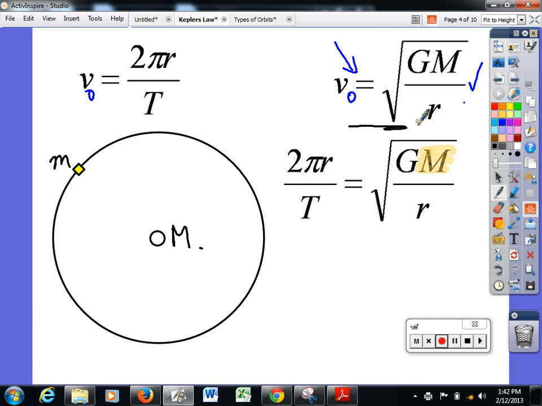So, we are at this point here, we're about to get Kepler's Law up. How would I solve this? What would I do to both sides? We're going to square it, and you get 4 pi squared r squared on T squared would equal capital G M on r.